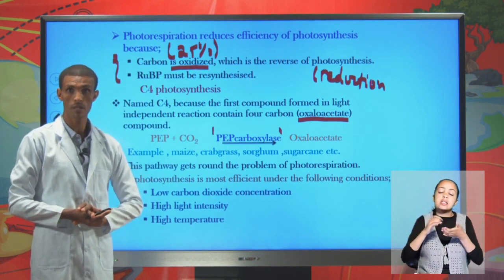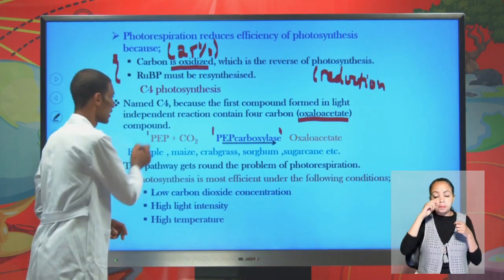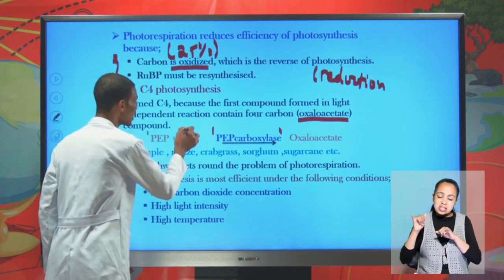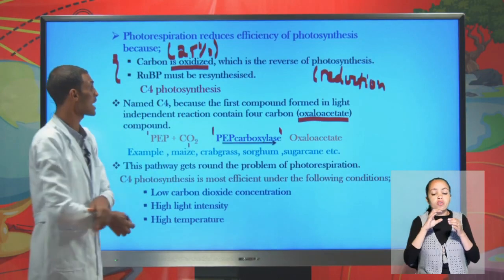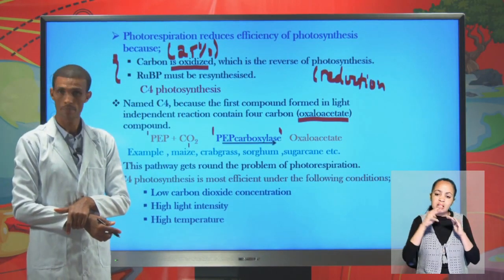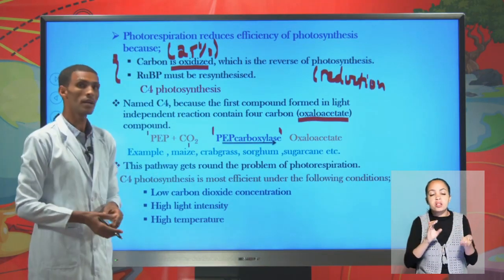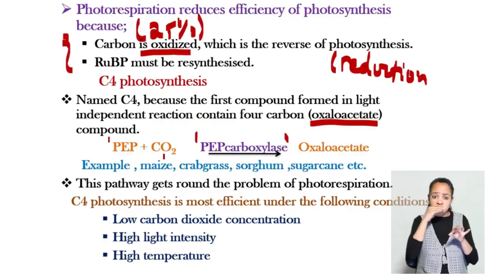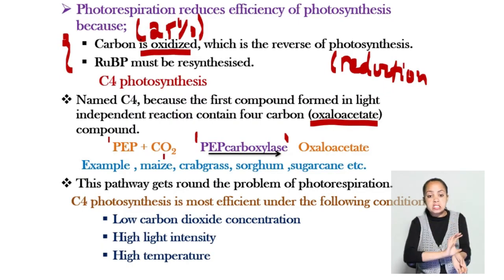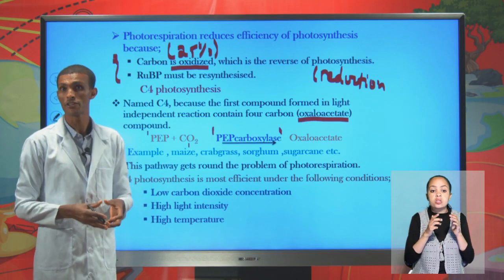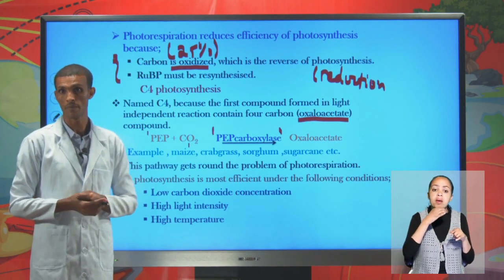So, let's say phosphoenolpyruvate plus carbon dioxide. In the same manner, fixation of carbon dioxide in C4 plants takes place in the mesophyll cell. The carbon fixation and the light-independent reaction, or Calvin cycle, take place in different cells. But in C3 plants, both the light-independent reaction and the carbon fixation take place in the mesophyll cell.